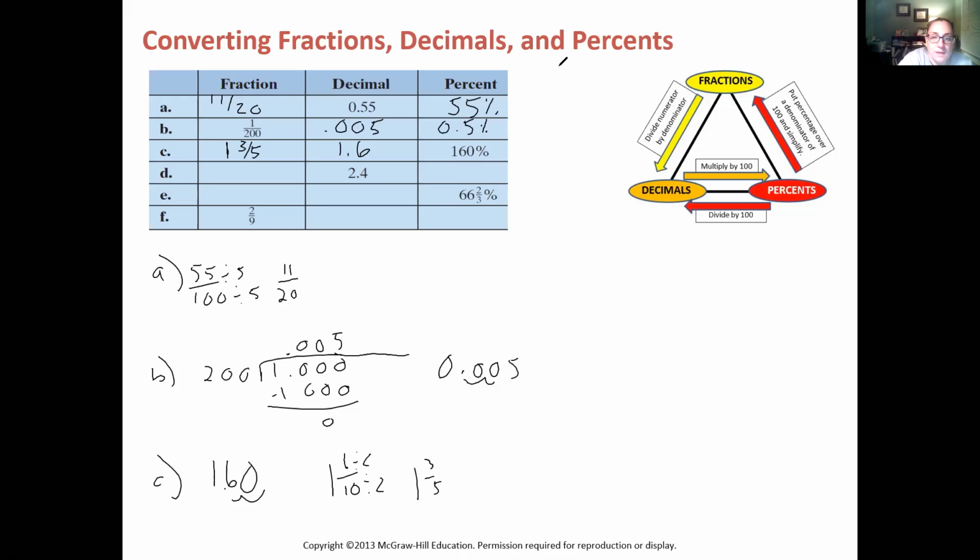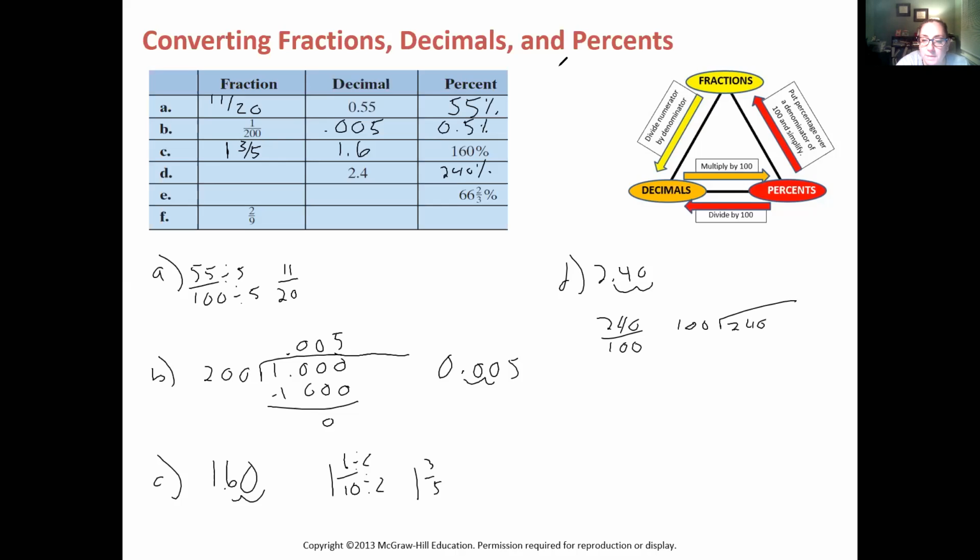For D, they're giving us the decimal, which is 2.4. So if I move it 2 to the right, I'll get my percent, which is 240%. And then to find my fraction, there's a couple things you can do. You can do 240 over 100 and divide it. And how did I get this?